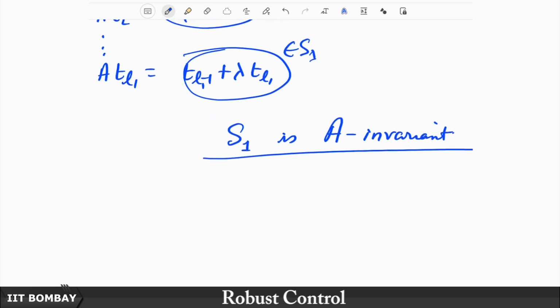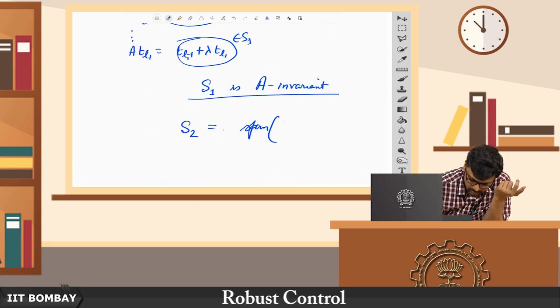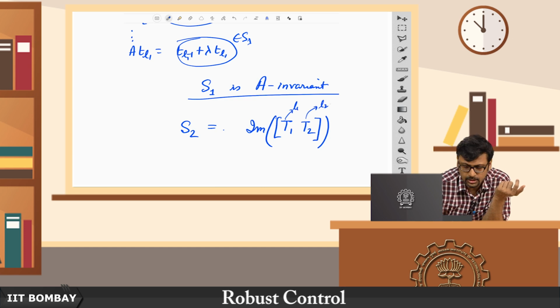So let me take, for example, S2 to be the image of T1, T2, where of course T1 is the first L1 columns and T2 is the next L2 columns.